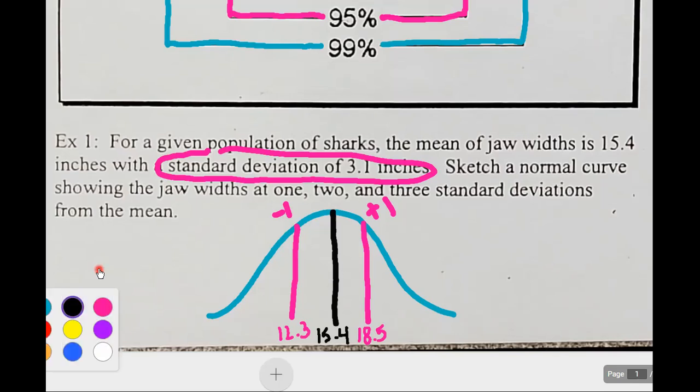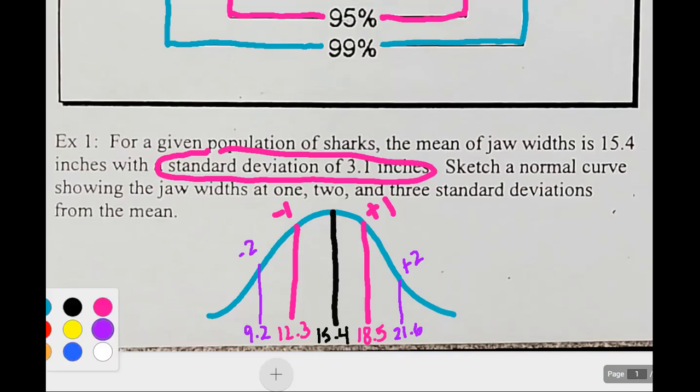And then I'm going to go out 2 standard deviations. So when I go out 2 and -2 standard deviations, I keep on adding 3.1 and taking 3.1 off. So when I add 3.1 to this, I get 21.6. When I take 3.1 from 12.3, I get 9.2.